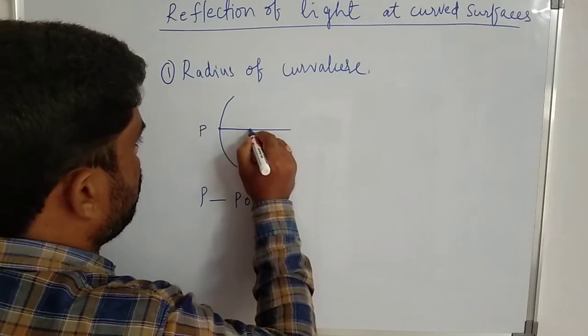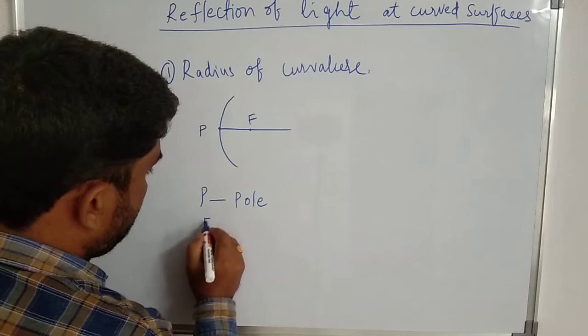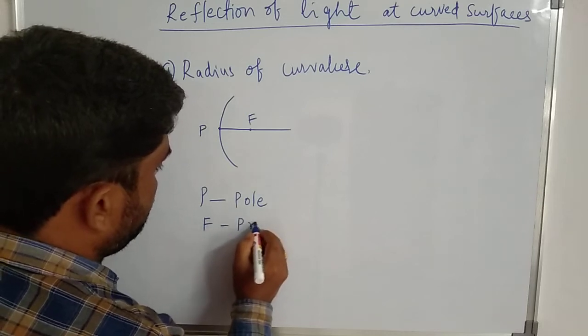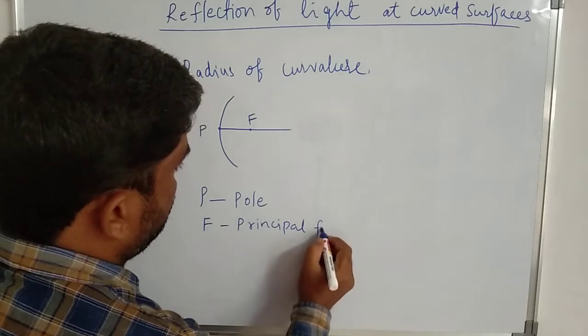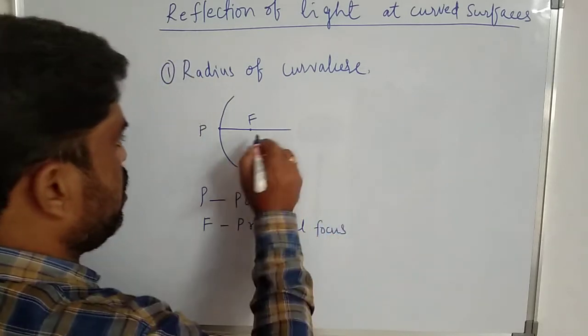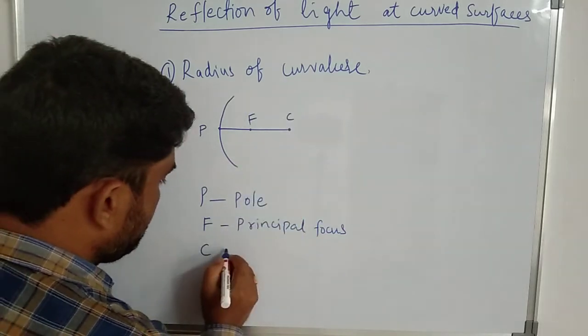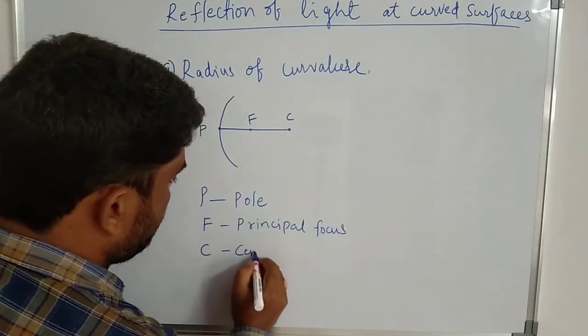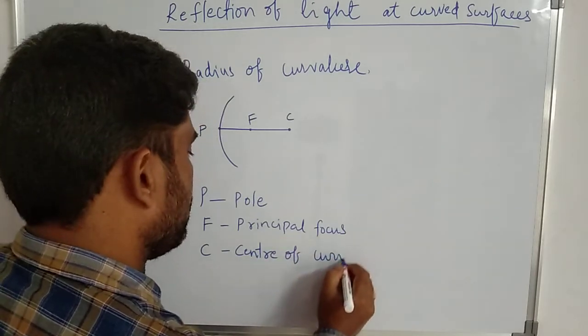Another point is F. F is the representation for principal focus. And another point is C. C represents the center of curvature.